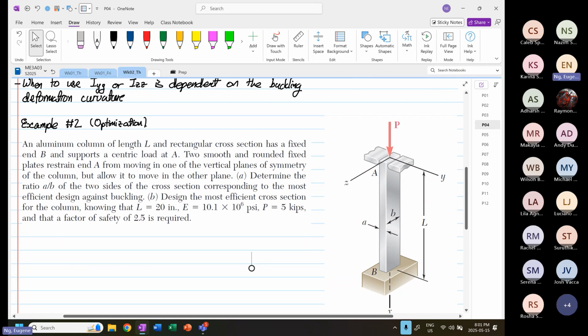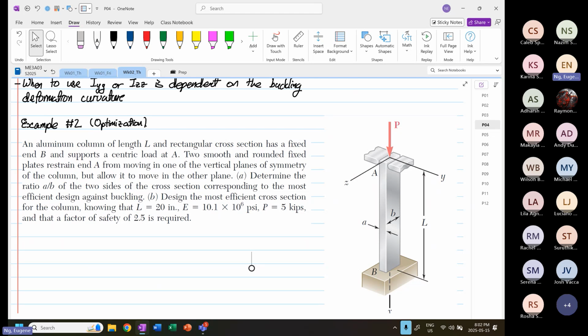an aluminum column of length L, and we have a rectangular cross section that has a fixed end B. So B is fixed and supports a centric load at point A. You can see at point A, there's a central load P. Two smooth and rounded fixed plates restrain A from moving in one of the vertical planes of symmetry of the column, but it is allowed to move in the other plane.